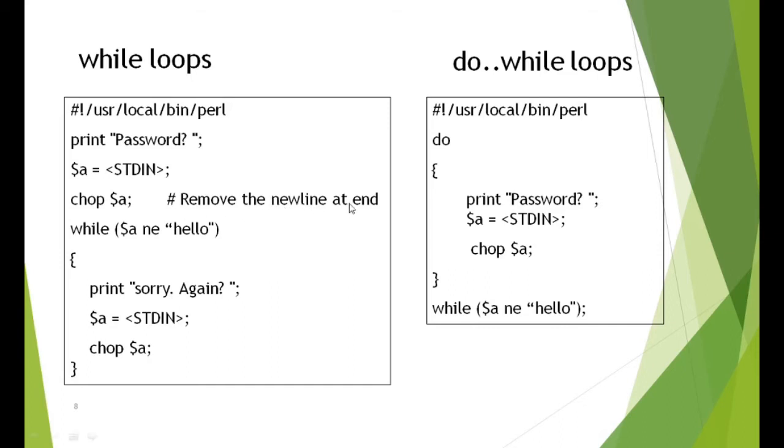So the new line will be removed. And then I am checking whether it is not equal to hello. If it is not equal to hello, then it will be repeated. Once it is equal to hello, control will come out of the loop. So these three statements will be repeated as long as $a is not equal to hello.